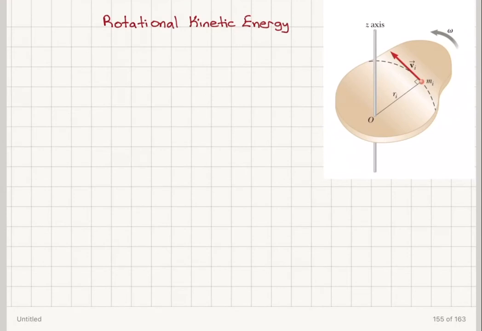So for the ith particle that is at a distance r sub I from the origin, that has a tangential velocity v sub I and has mass m sub I, because it has a tangential velocity, it must have a kinetic energy associated with its motion. And the whole object is rotating around the z-axis with angular speed omega.